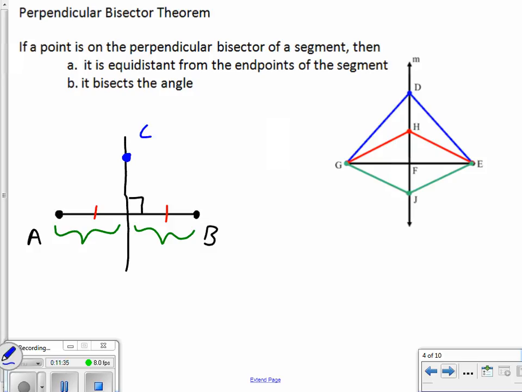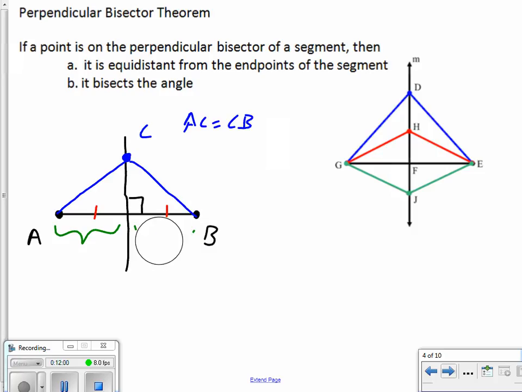It's equidistant from A and B. So what that means is, because C is on this line, the perpendicular bisector, A to C equals C to B. AC equals CB. Okay, because C is on that perpendicular bisector, it has to be just as far in both cases.